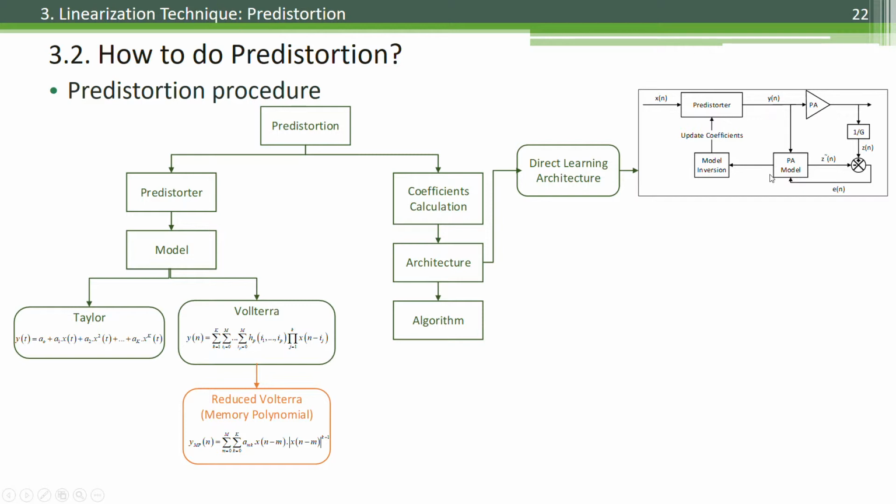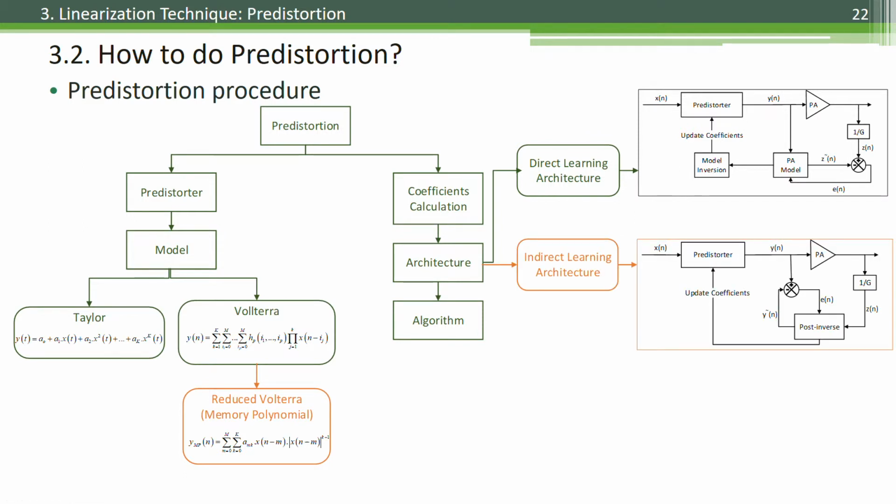However, matrix inversion is a complex computation, so I don't use the direct learning architecture. Instead, I use the indirect learning architecture, because in this kind of architecture, the function of the predistorter is built by identifying the post-inverse function, using z(n) as input and y(n) as output.